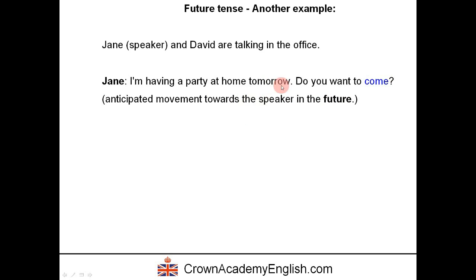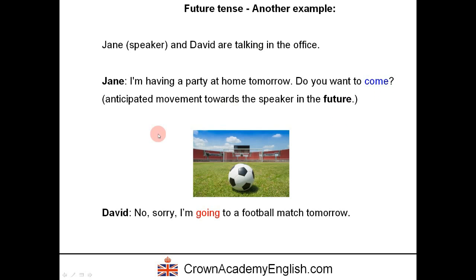The party is tomorrow. And so tomorrow, Jane will be at home at the party. So the movement will be towards Jane in the future. So we choose come. And David, in fact, says no. He says, "No, sorry, I'm going to a football match tomorrow."